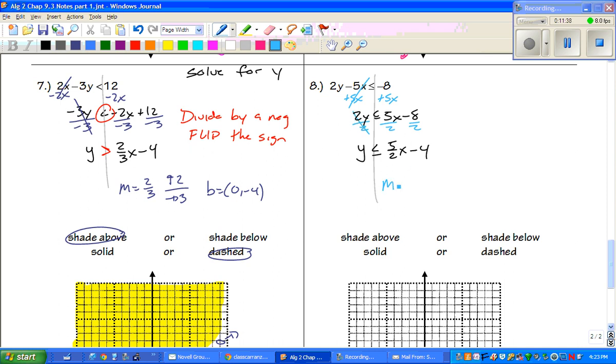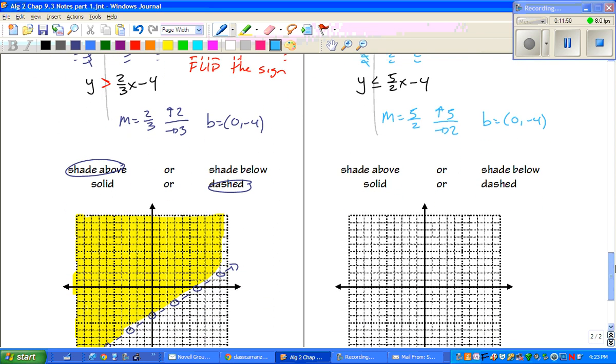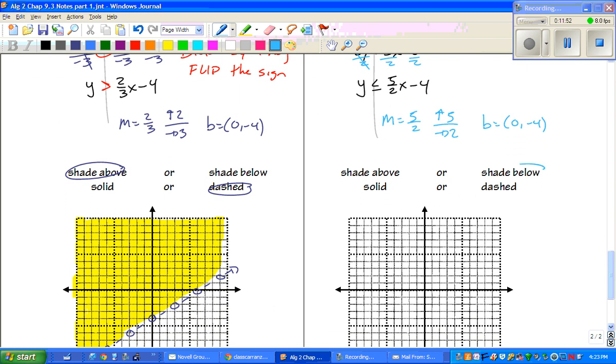Now our slope is 5 over 2, which means positive 5, right 2, and then the y-intercept is 0, -4. It's less than, so we shade below, and it's solid.